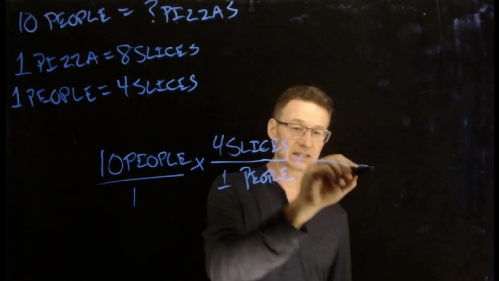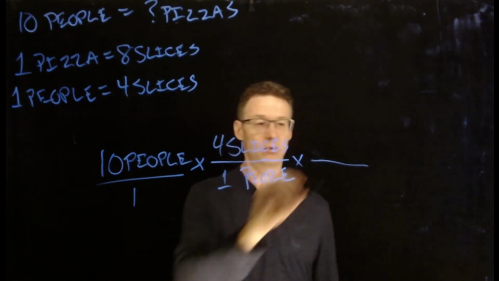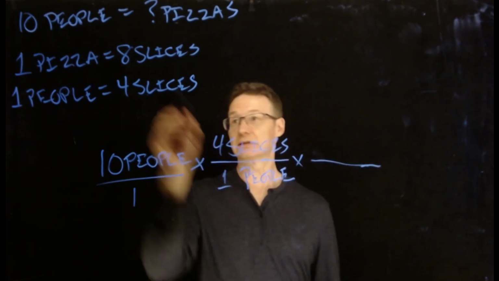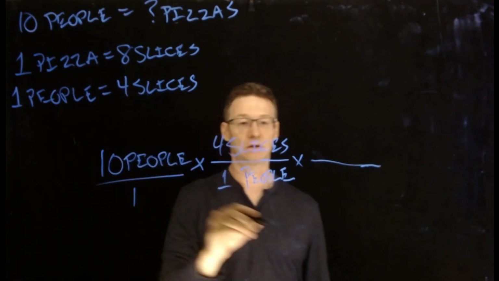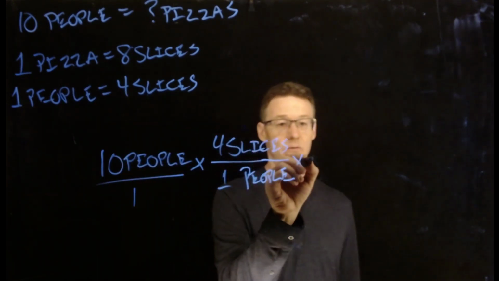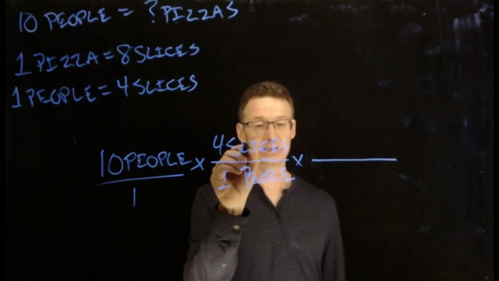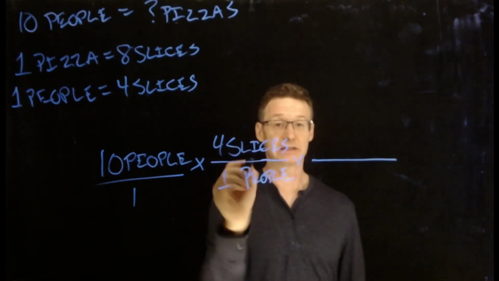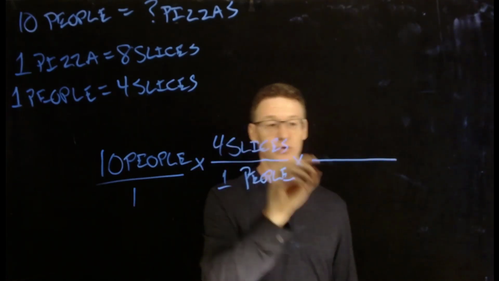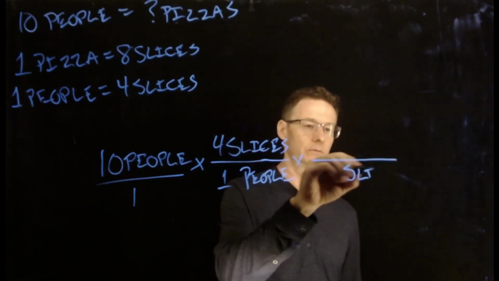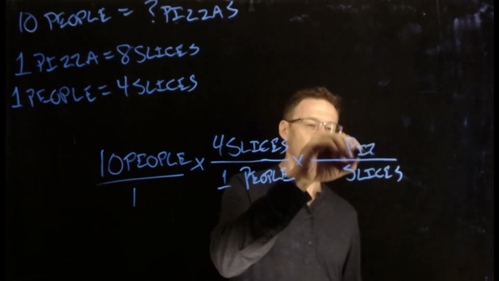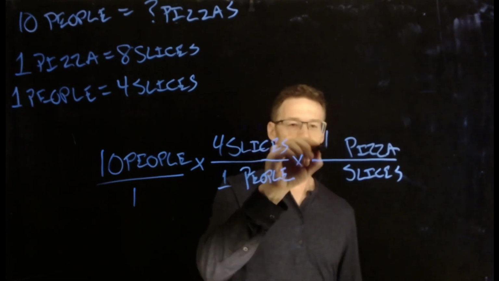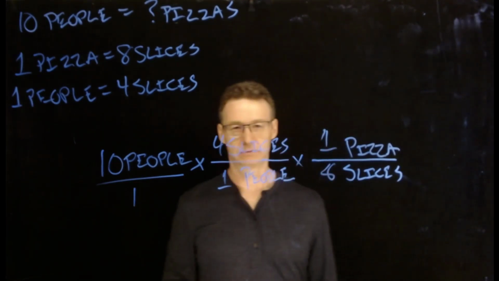In the second step, this is why it's a 2-step problem, I'm going to convert slices to pizza. So I went people to slices, now I'm going slices to pizza. So how do I set that up? Well, since I have slices on the top here and I don't want slices in my answer, I have to put slices on the bottom. And I put pizza on the top. Okay, so 1 pizza equals 8 slices.